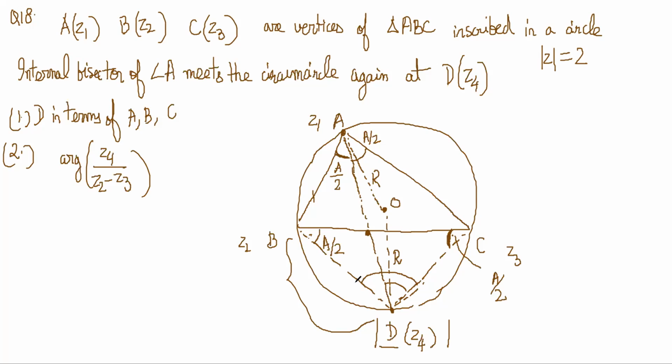Yeah, basically. We can do that. We can get many equations like that. We can write this angle as a rotation. OA has become OD, right? If we know this angle, then we'll be able to get that. So A by 2, A by 2.